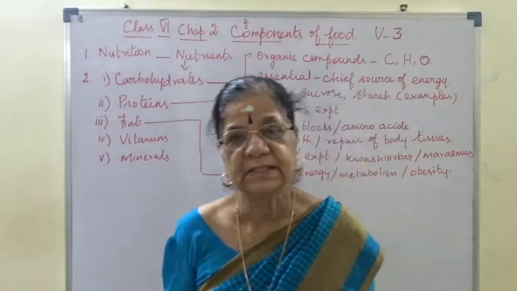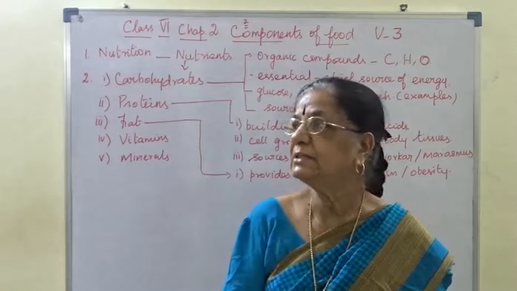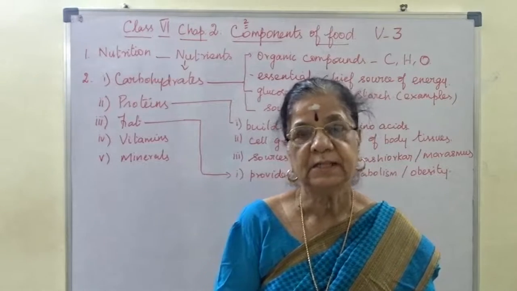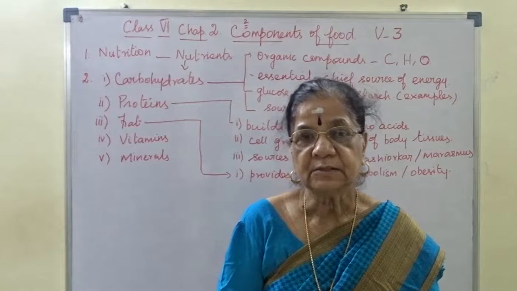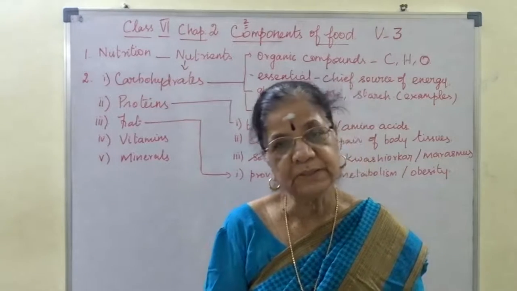I hope you understand. So what have we done in chapter 1? We have learned what ingredients are, and examples as plant sources and animal sources.